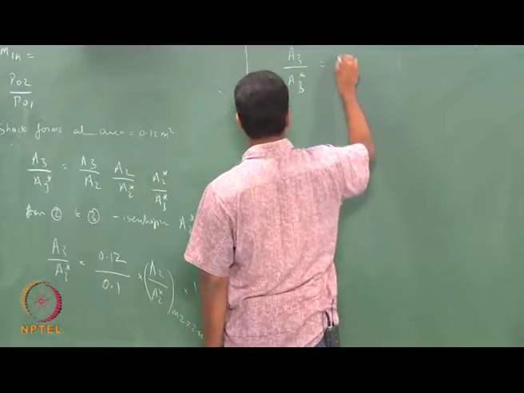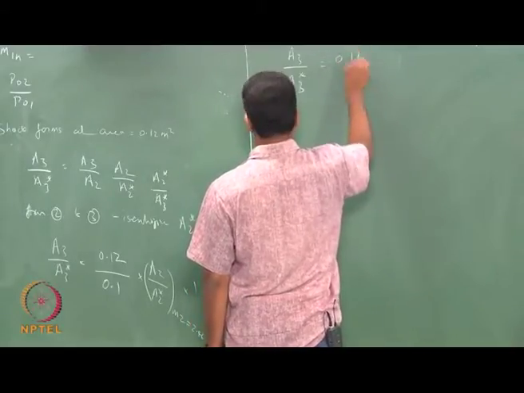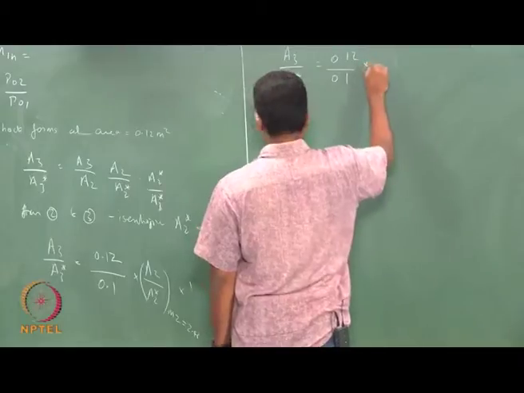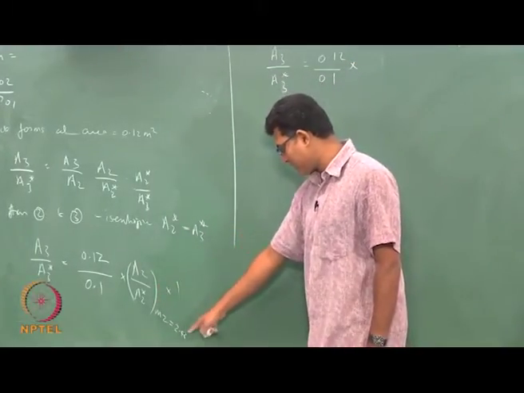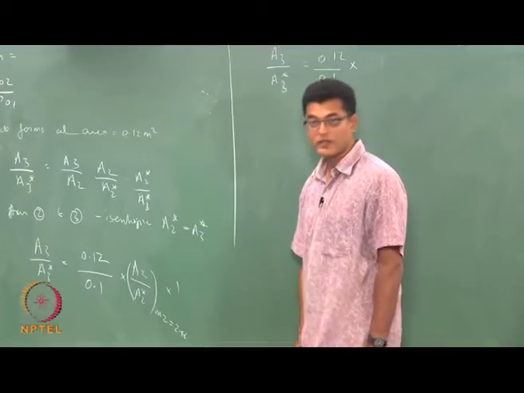A3 star is A2 star into, what is this value? A2 by A2 star at 2.48.